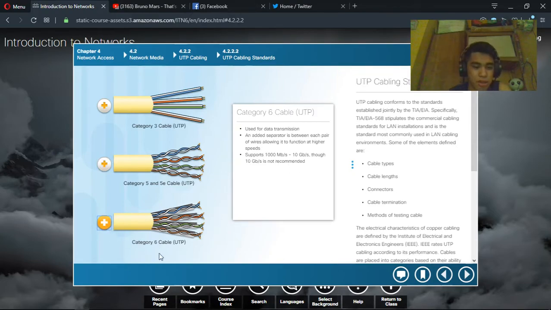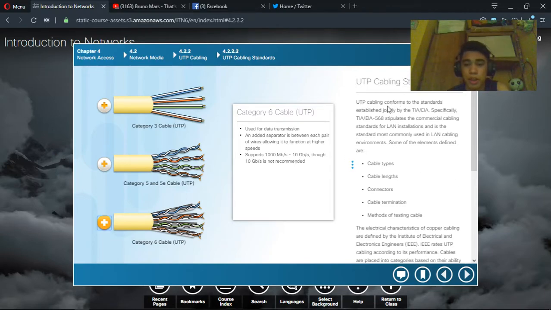Then Category 6 cable is used for data transmission and has added separators between each pair of wires, allowing it to function at higher speeds, from 1000 Mbps to 10 Gbps.